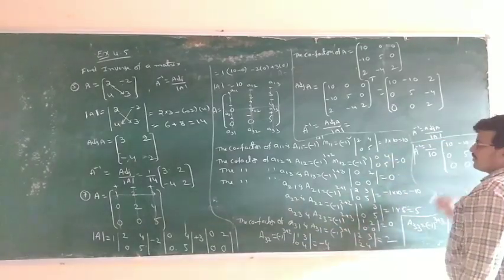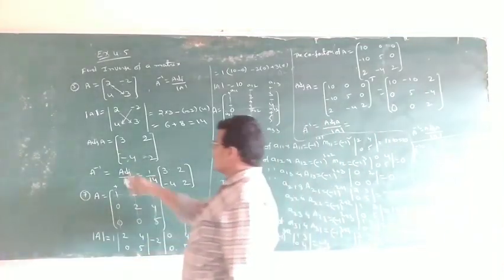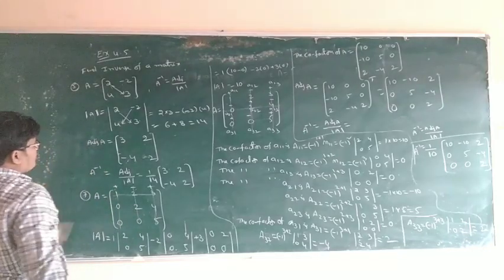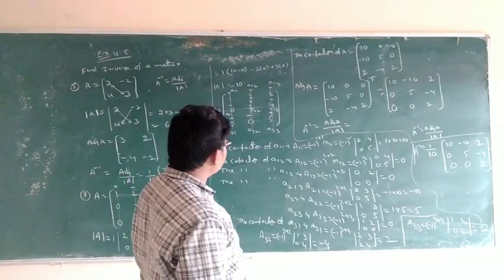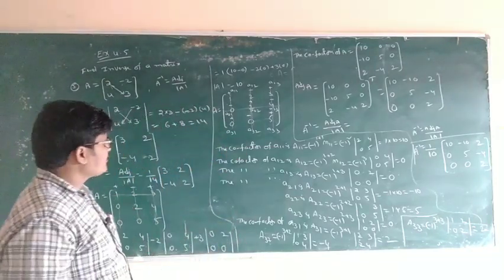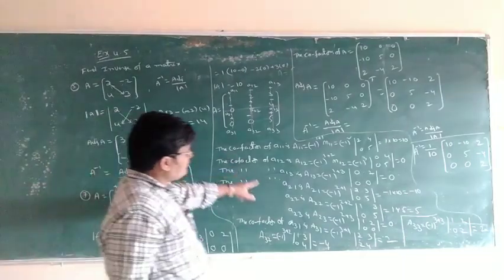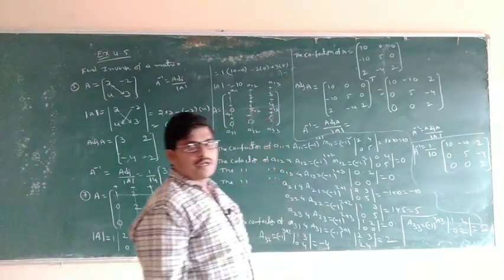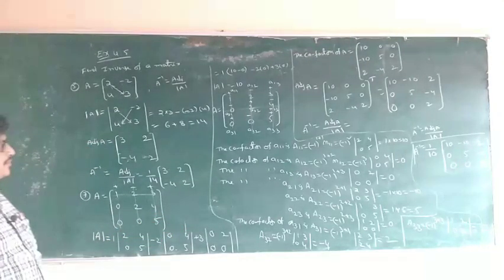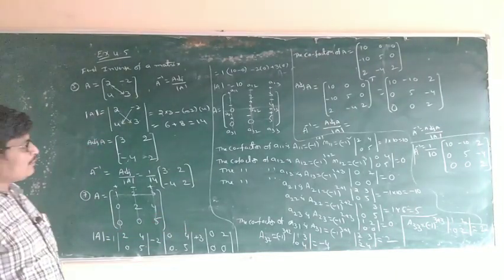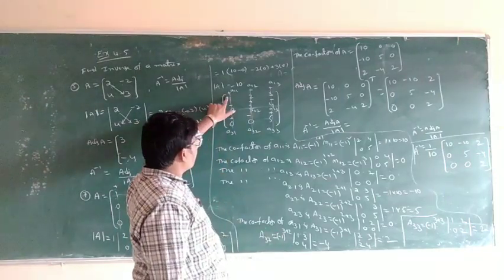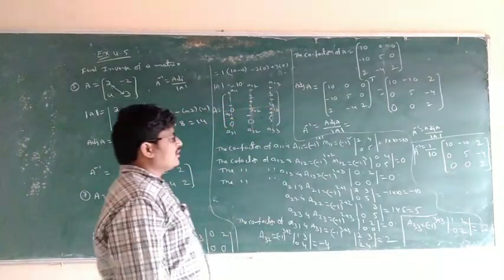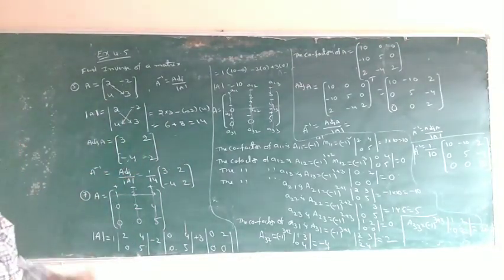For the inverse of a 2 by 2 matrix, directly interchange the first and last elements, and for the remaining elements only the sign will change. Next, for the inverse of a 3 by 3 matrix, first determine each element's cofactor. The cofactor formula is minus 1 whole power i plus j into the minor. The minor is the determinant of the remaining 2 by 2 matrix after deleting that element's row and column.